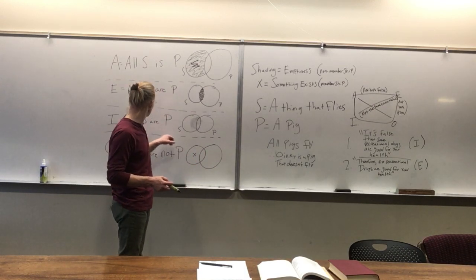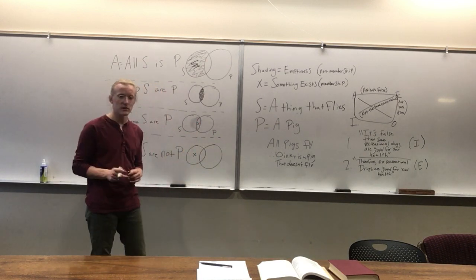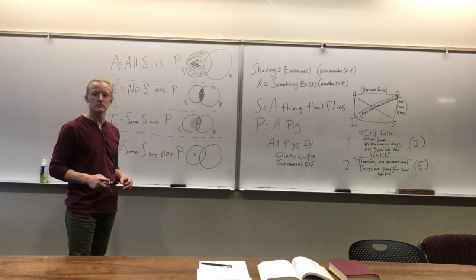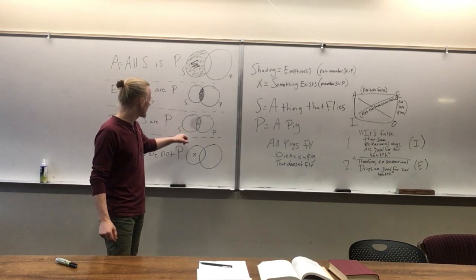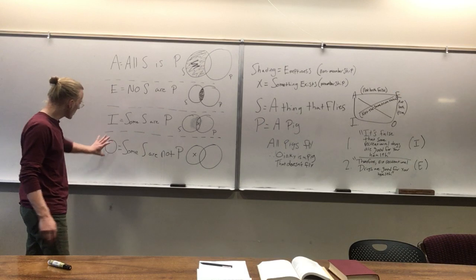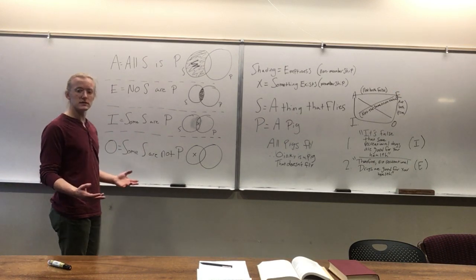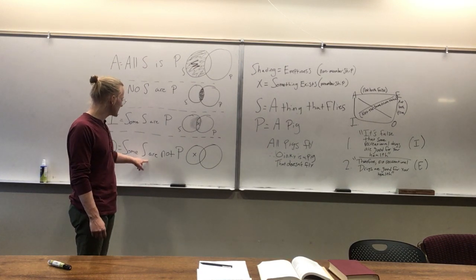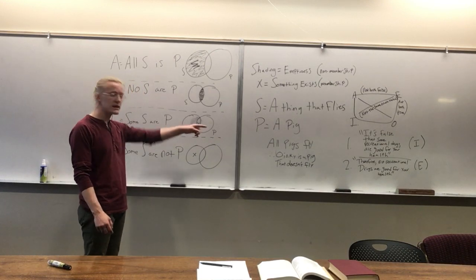Oinky would be our subject that exists at the intersection of our S and our P. And so rather than shading, what we're going to do is draw an X to say there exists something, and that something has both properties S and P. Now, our O statements are similar. We have an existential import, and what we're saying is that some S's, so some things that fly, are not pigs.